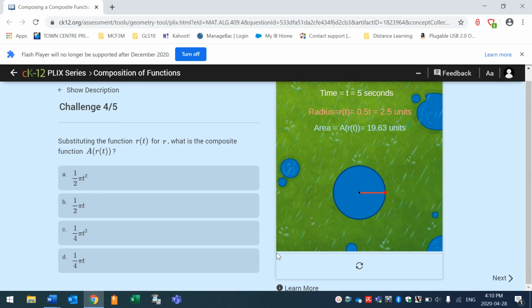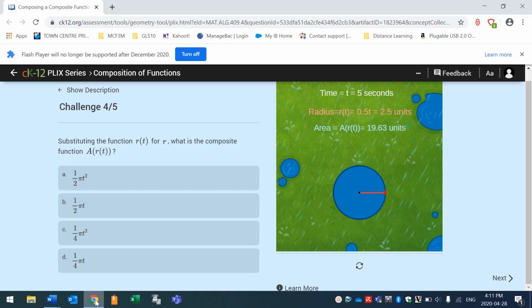Substituting the function r of t for r, what is the composite function A of r of t? So in general, if we substitute the whole function r of t equals 0.5t into the area function, which is pi r squared, what does that function look like when it's simplified? So that would be pi times 0.5t all squared.